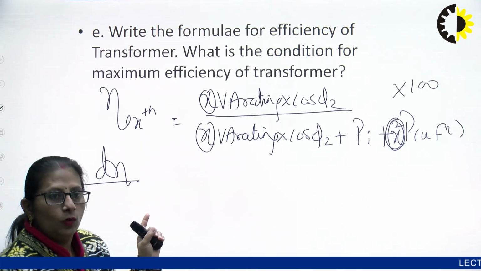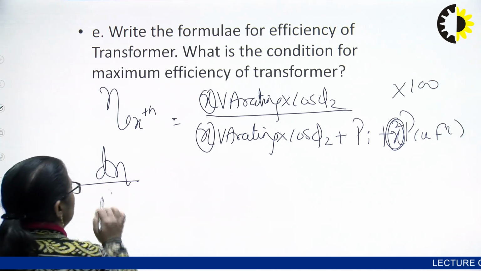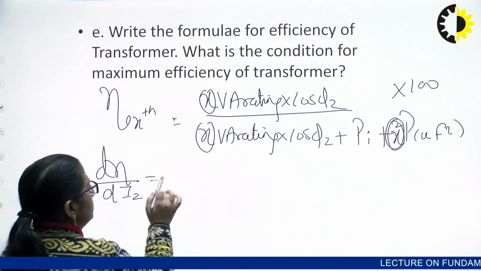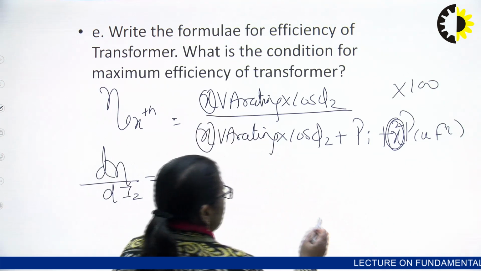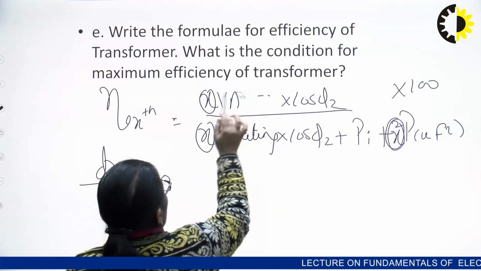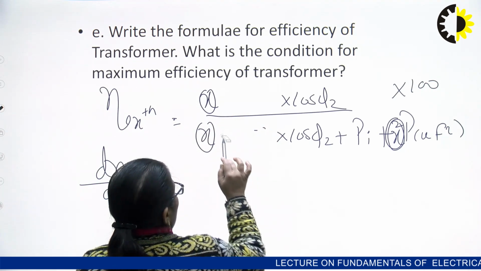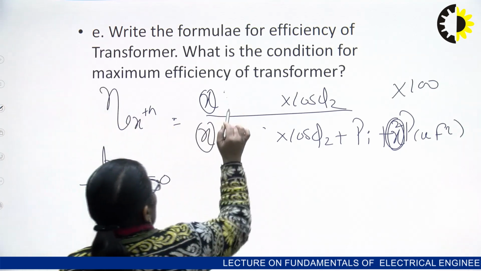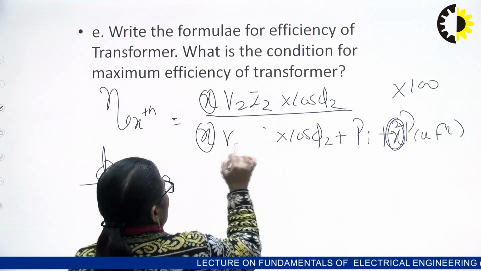Efficiency is a function of load. It will vary according to the load. So, just differentiate it with respect to I2 and equate it to 0. Where this is not VA rating, this would be V2I2. I may express VA rating in terms of V2I2.